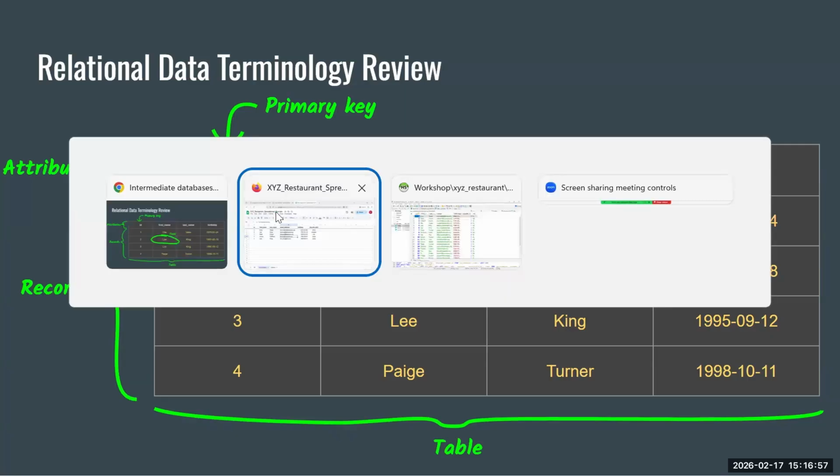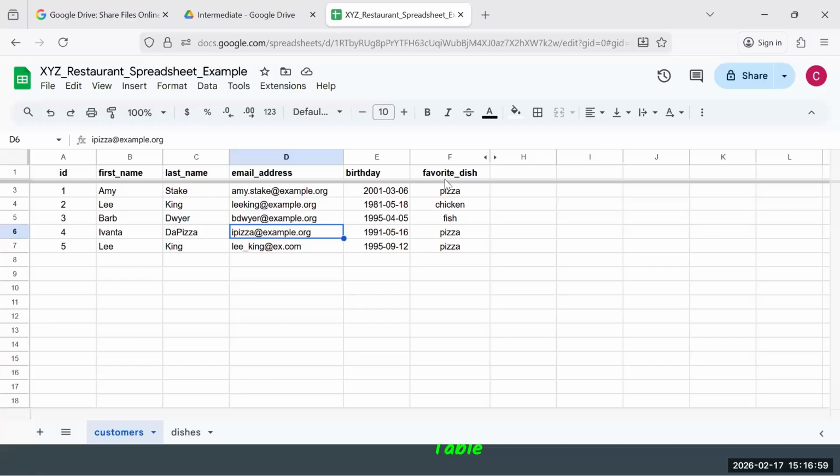So let's go back to our spreadsheet. Now, let's say that we want to rename a dish. We want to rename the pizza Super Duper Pizza. Well, I could do a search and replace, but that's not the RDMS way.